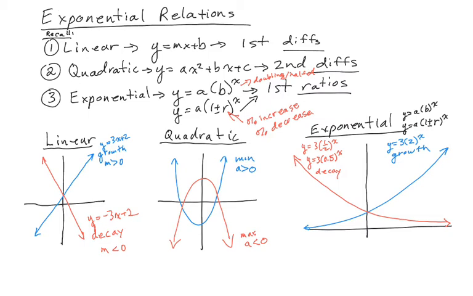In this case, my b value is halved each time. That's why it's shrinking. In this part here, my value is always increasing by a multiple of 2 every time we move one step to the right. Now, let's go to our problems for the day.